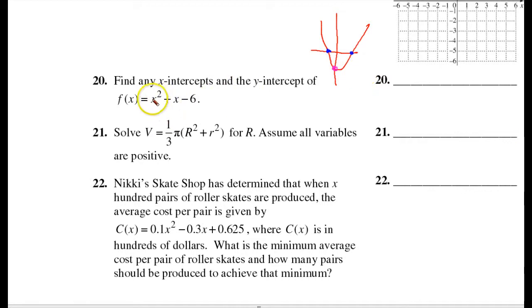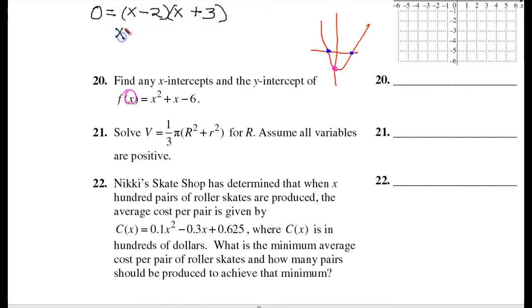So, for our x-intercepts, what is our value of y? Well, it's 0. So, let's solve that. So we have 0 for our y value, and we're just going to factor this. It's nice and easy to factor. And we need a plus here and a minus here.